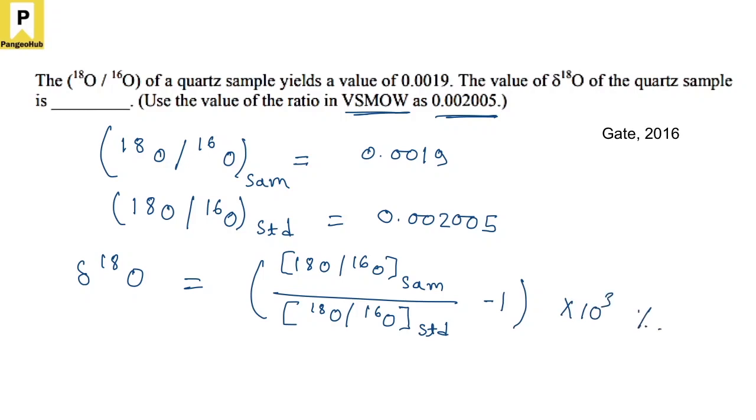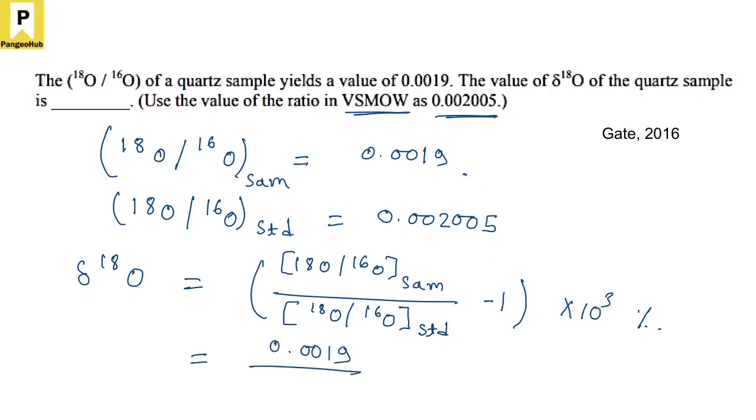Per mil doesn't need to be mentioned here because this is a NAT type question. This value is given, this value is this one, and this value is this one, so we just need to divide. This is simple mathematics now.